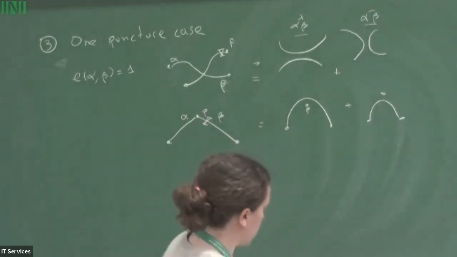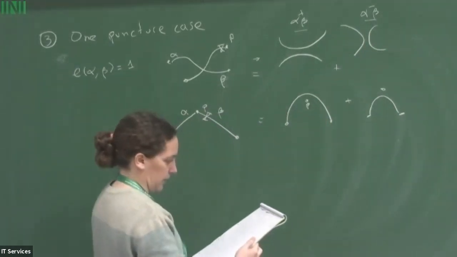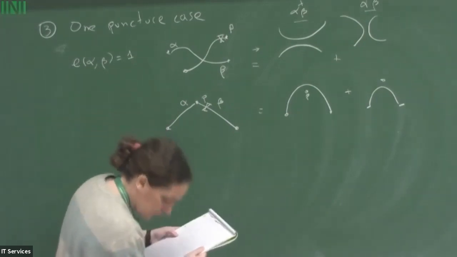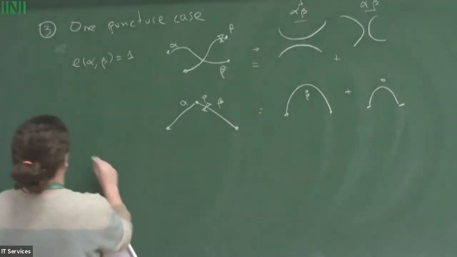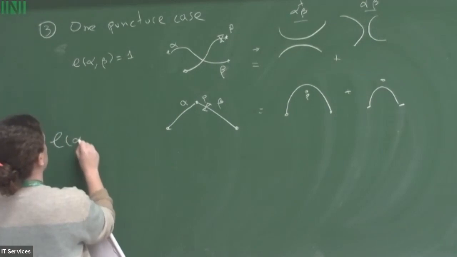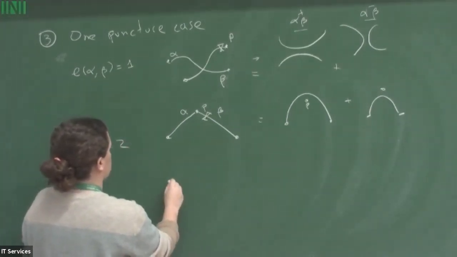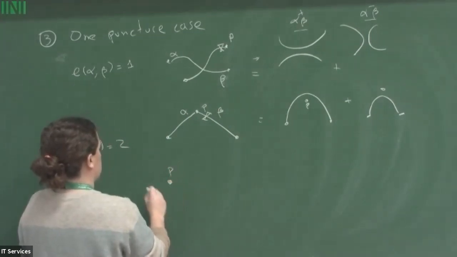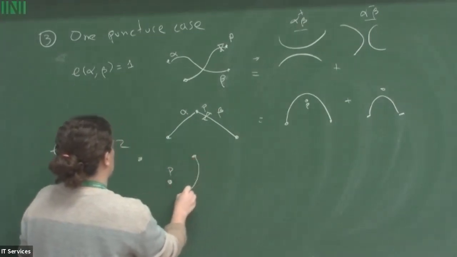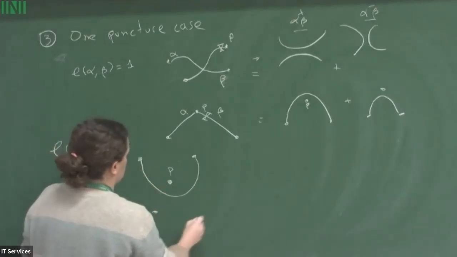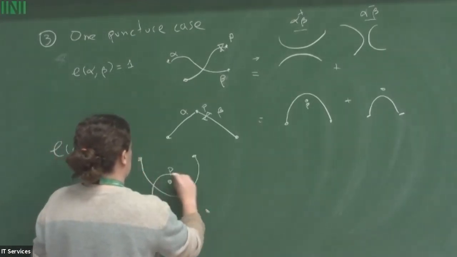And the most complicated thing that may happen is that this is in fact 2, because you have the puncture in the middle and you have something surrounded like this or something like this.